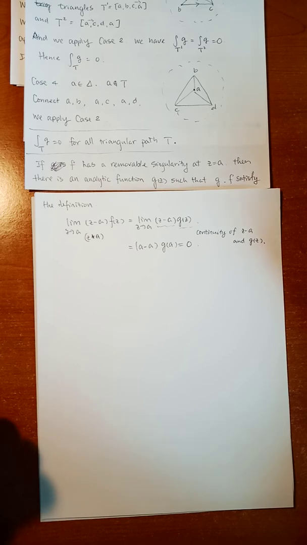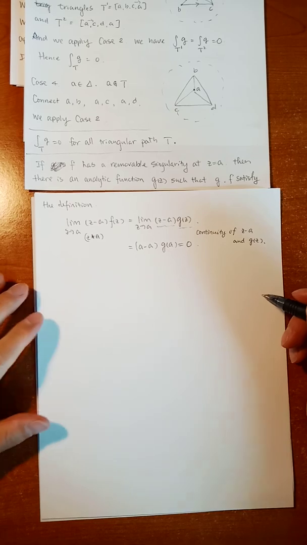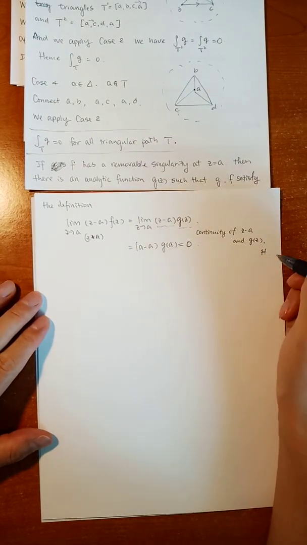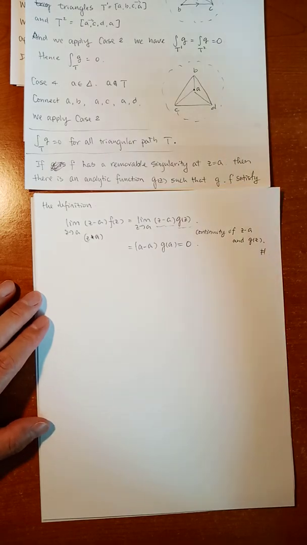So now we get a complete characterization of the removable singularity. We just check that z minus A times f of z tends to 0. Okay, so that's the characterization of a removable singularity.